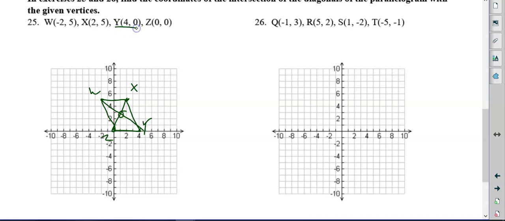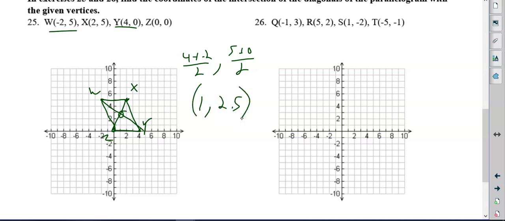So I'm going to take Y and W. So 4 plus negative 2 over 2. Then my y's, 5 plus 0 over 2. So 4 minus 2 is 2, divided by 2 is 1, 5 divided by 2 is 2.5. So 1, 2.5, which kind of looks like right there in the middle, is your midpoint.